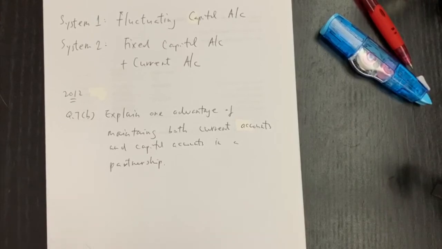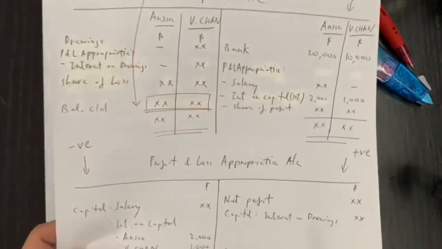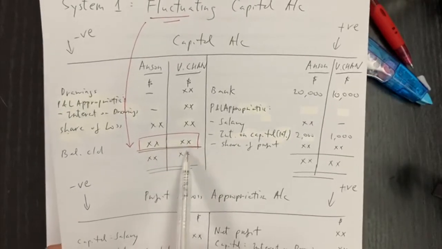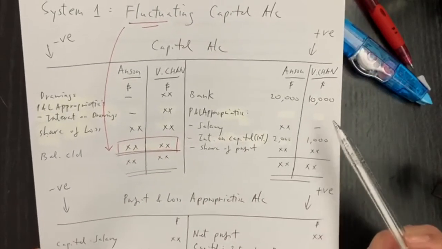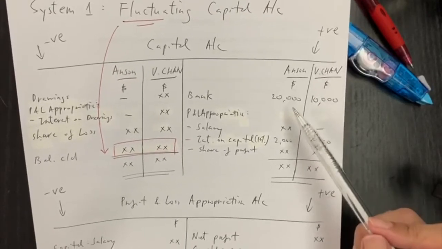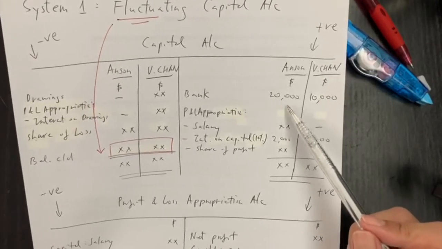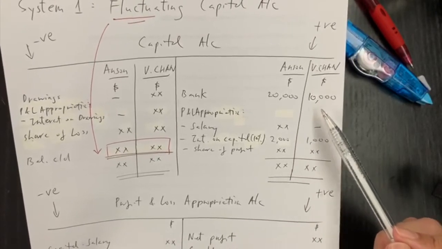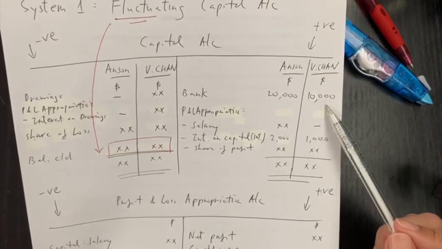All right, now we come to comparison. Which system is better? Let's go back to system 1 here. The closing balances here must not be equal to the amount I introduced, which is 10,000, and the amount introduced by Anson, which is 20,000. However, what if I draw more than 10,000? I don't think this is healthy for the partnership.